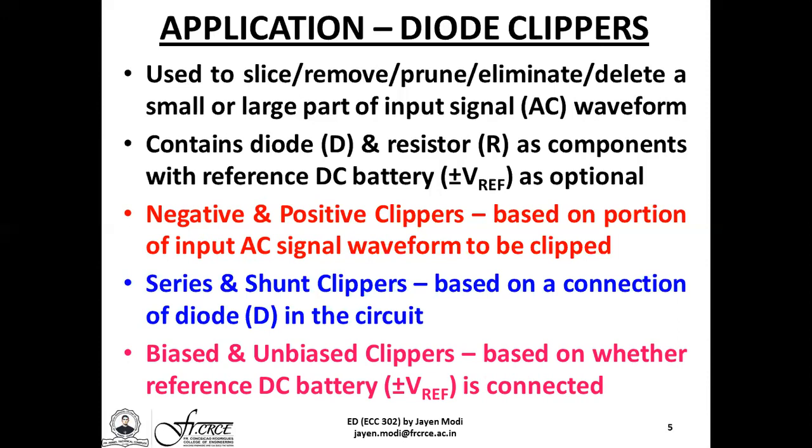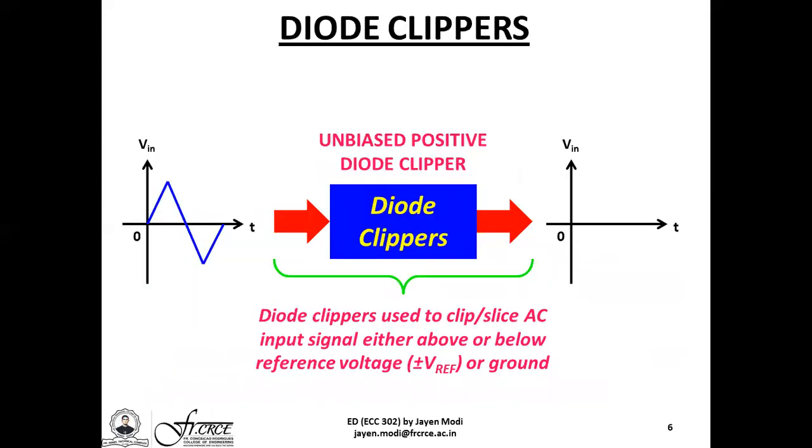Now, before we actually see the diode clipper circuits, their structure, their construction, and how they work, I thought of giving you a small animation based introduction of what diode clippers actually are and what they do. Looking at the first slide, you see an AC input signal in the form of a triangular waveform, labeled Vin.